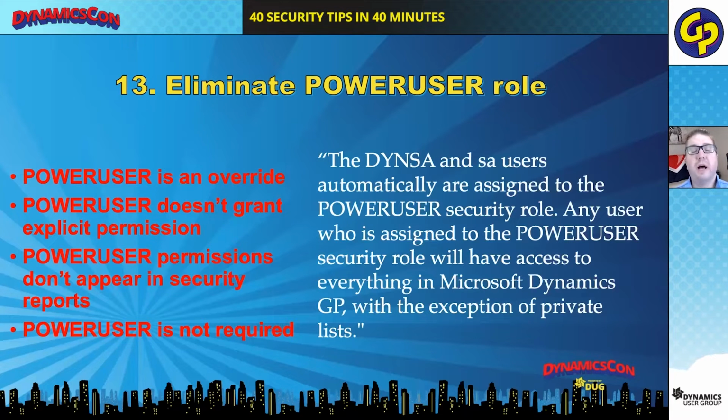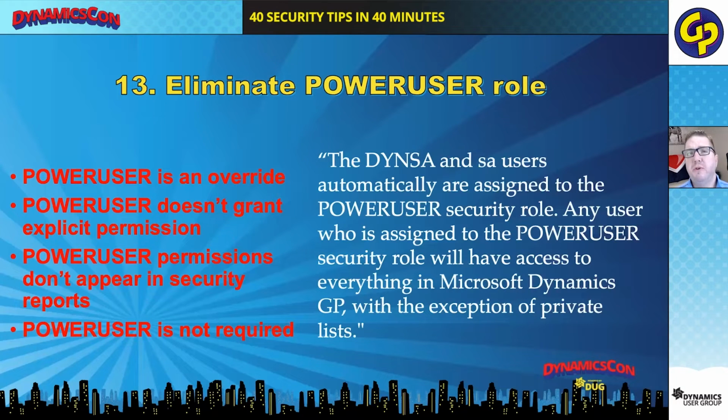And power user does not have any security boxes checked next to it. The system has coding behind the scenes to say if power user is checked, they just skip security and let the user do anything. So because of this, it can create some problems when you start talking about audits or management wanting to know who has access to things.